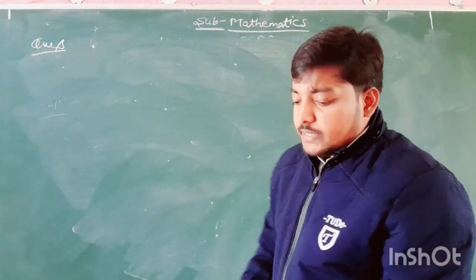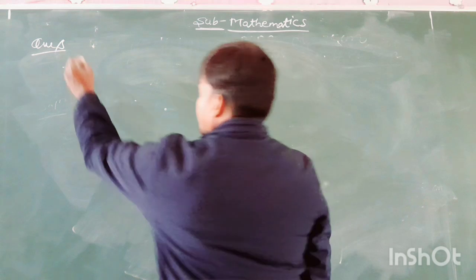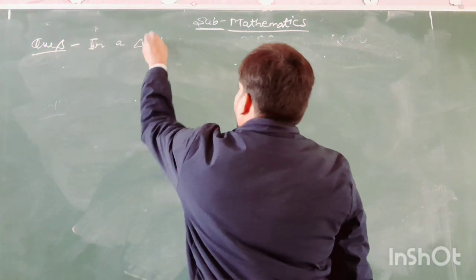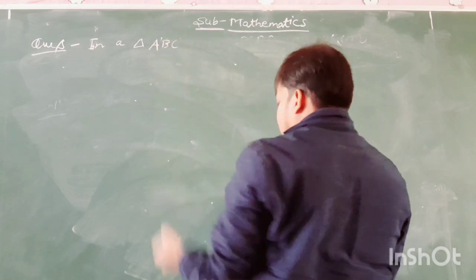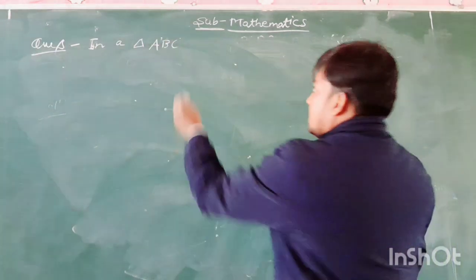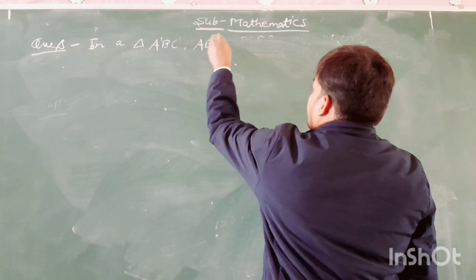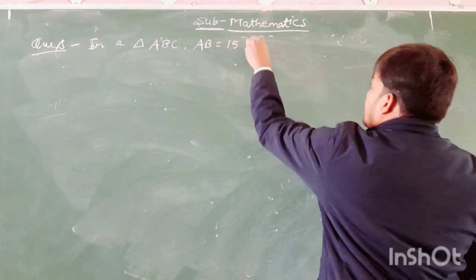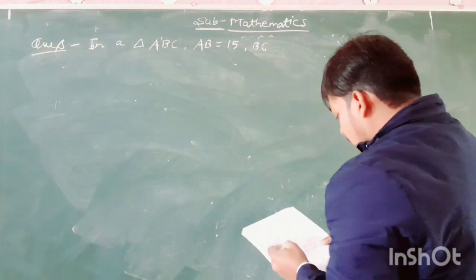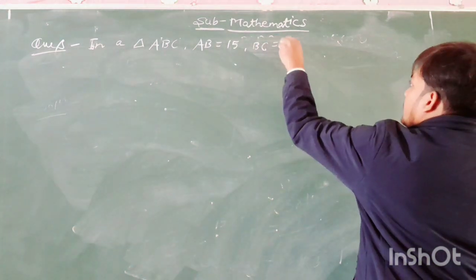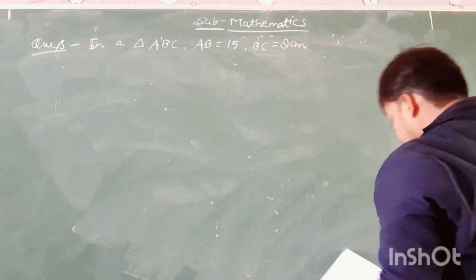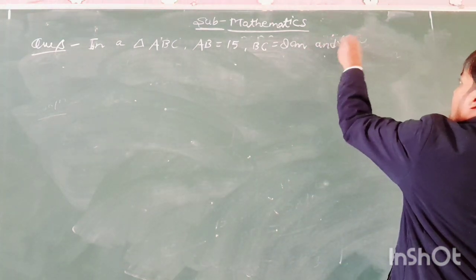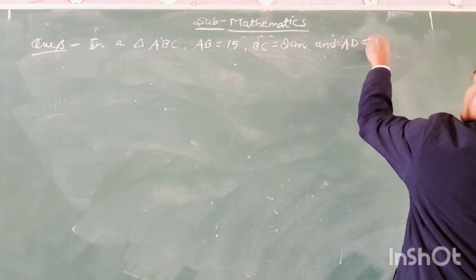In a triangle ABC, the measure of AB is equal to 15 centimeter, the measure of BC is equal to 8 centimeter, and the measure of AD is equal to 7.5 centimeter.